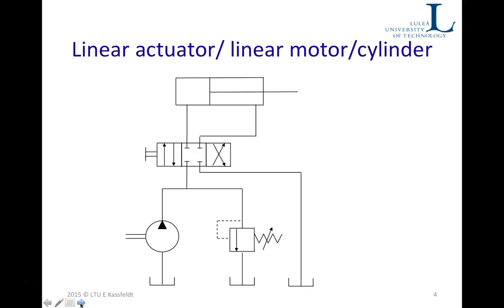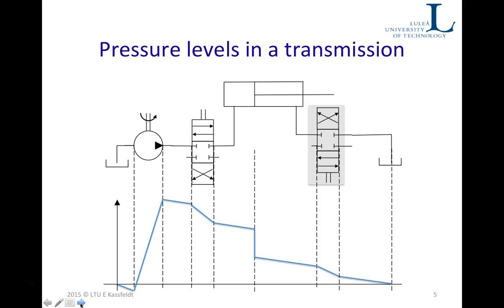We can also study another system where we have a pump and a cylinder and do the same exercise. First of all, we start from zero. Once again we have pressure and we have length.